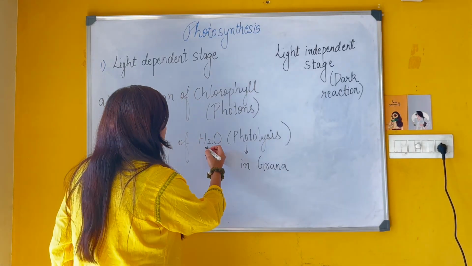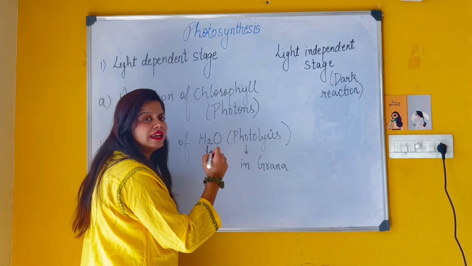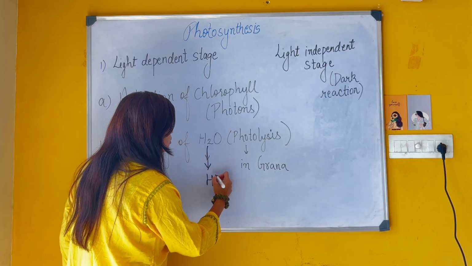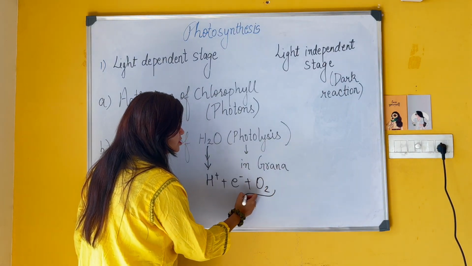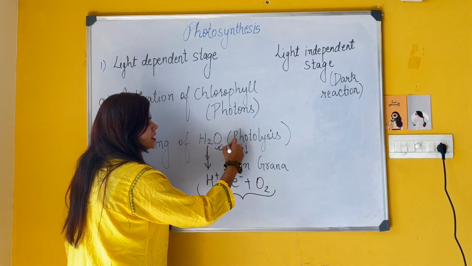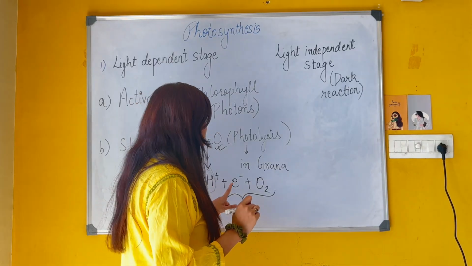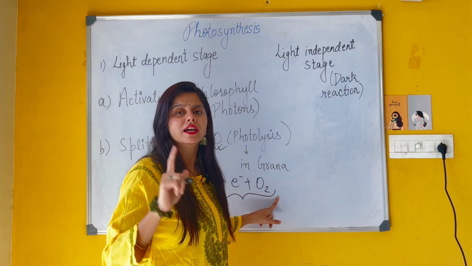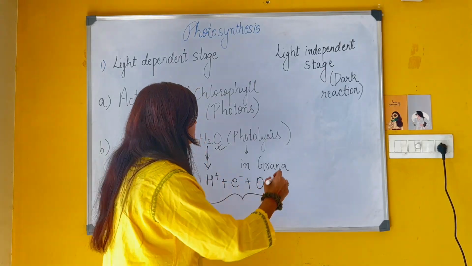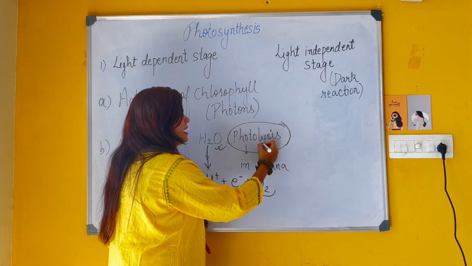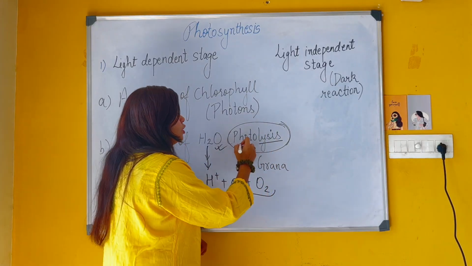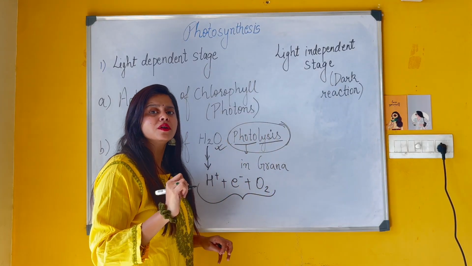So water breaks down in the presence of light energy to give out H plus ions, electrons and oxygen. This breakdown of water to give H plus, electrons and oxygen in the presence of sunlight is called photolysis. Lysis means breakdown. Photo means in the presence of light.